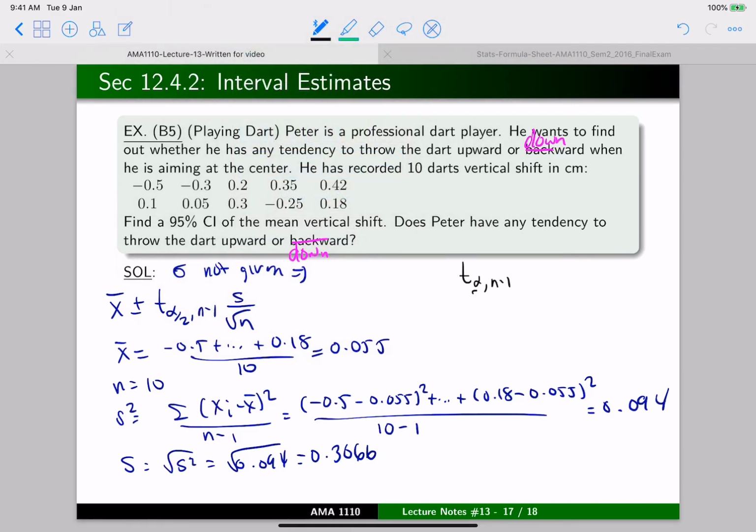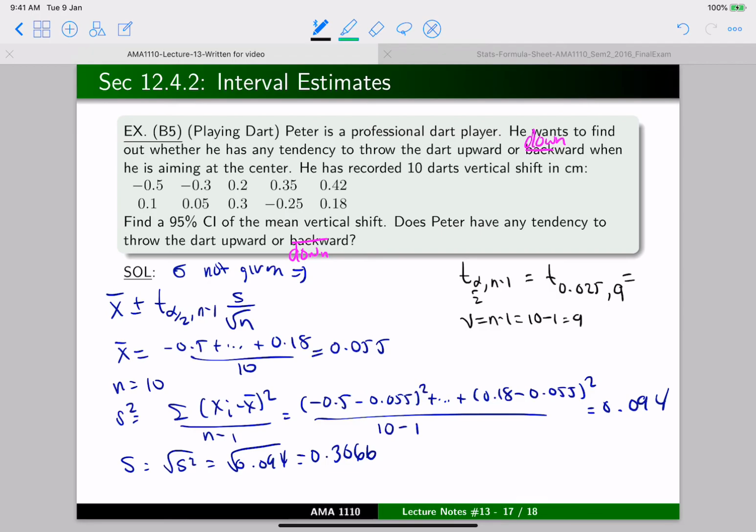Again, it's a 95% confidence interval, so it's t 0.025 with n minus 1, which is 10 minus 1. The degrees of freedom is then 9.